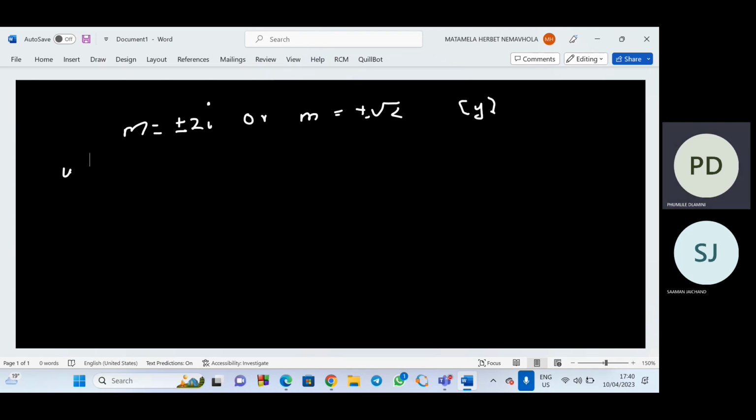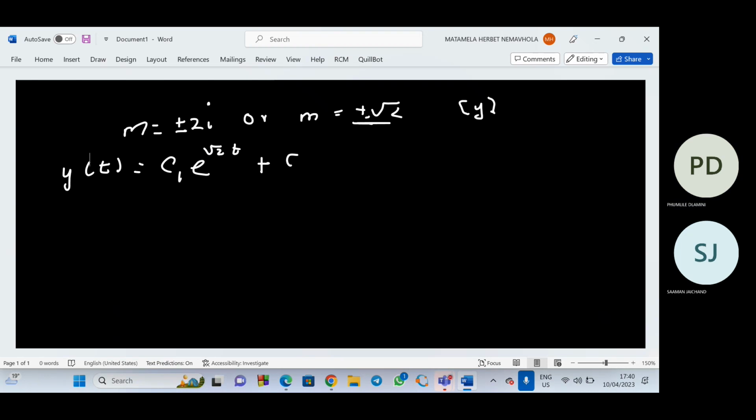So the solution of y of t, if I start with this one here, we introduce c1, is going to be c1 e to the power square root of 2t plus c2.